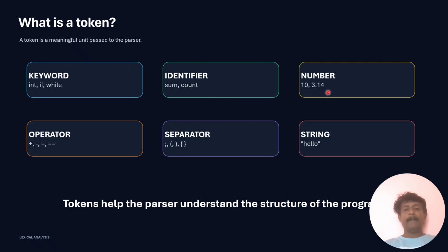A number can be 10 or 3.14. Operators include plus, minus, equals, and double equals. A string is text written inside double quotes, like "hello". The lexical analyzer identifies all these tokens and sends them to the parser.